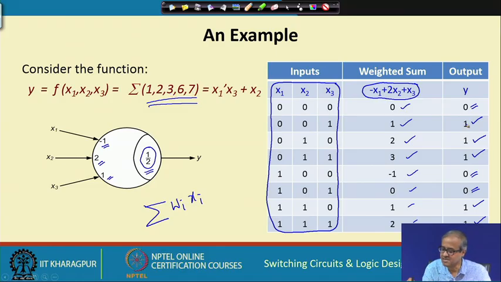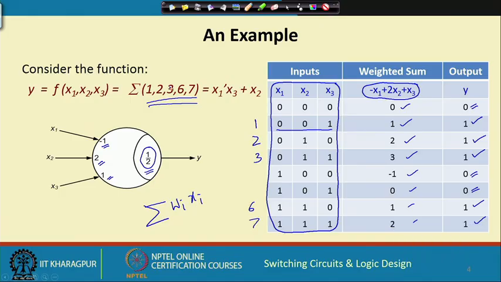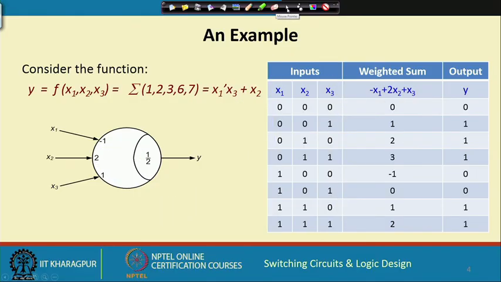This 1 corresponds to 0, 0, 1, which is 1, this is 0, 1, 0 which is 2, 0, 1, 1 is 3, 1, 1, 0 is 6 and 1, 1, 1 is 7. You see 1, 2, 3, 6, 7, this is what you wanted to implement. So, this example shows how using a single threshold element or gate we can implement a complex switching function or switching expression.